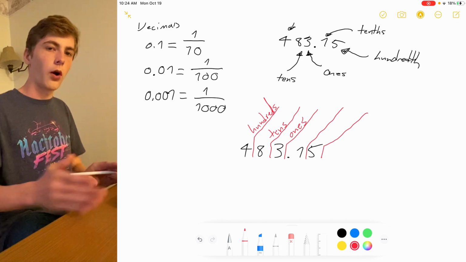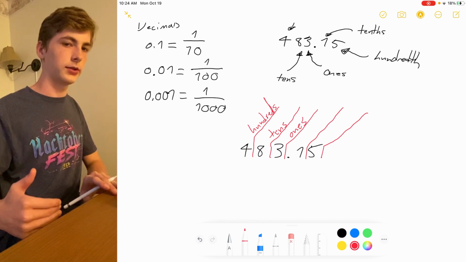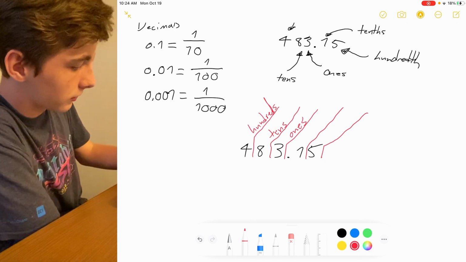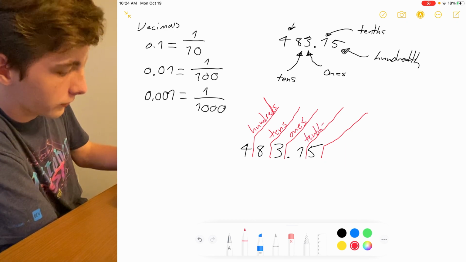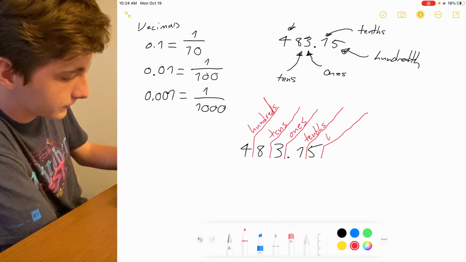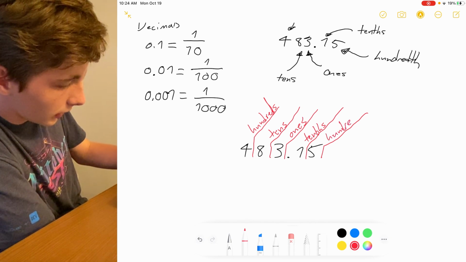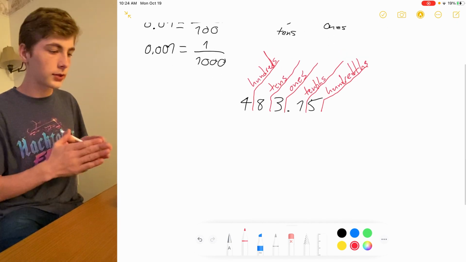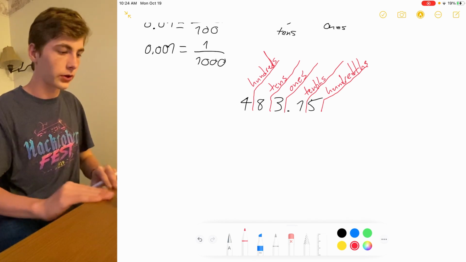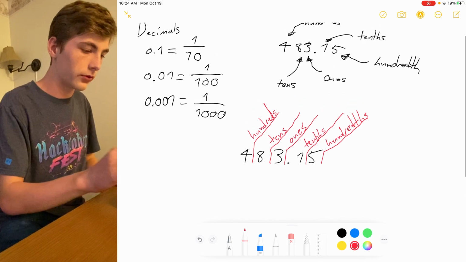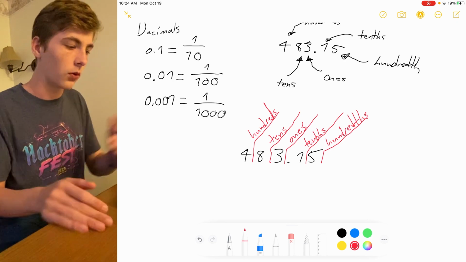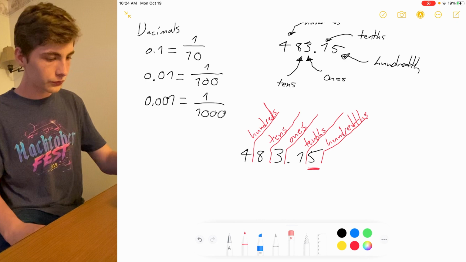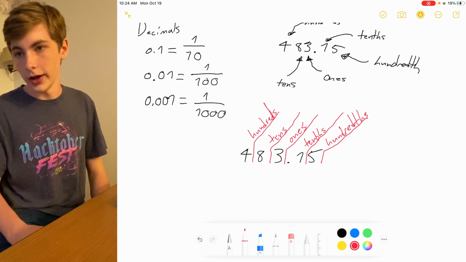Now you'll notice there's no oneths because anything divided by 1 is just itself. So the ones is kind of our center place, right? And then we go to tenths and then hundredths. And when we're working with fractions that have powers of 10 as their denominators, if it's hundredths, well, now we know that goes in the hundredths place in the decimal, right? I hope this is making sense.